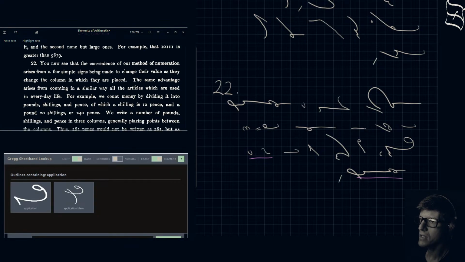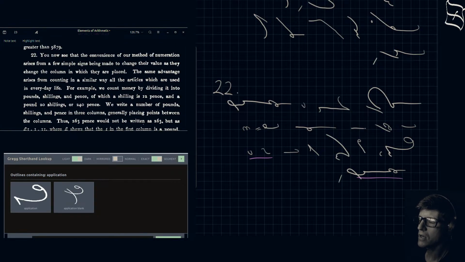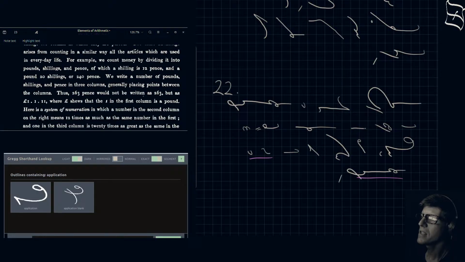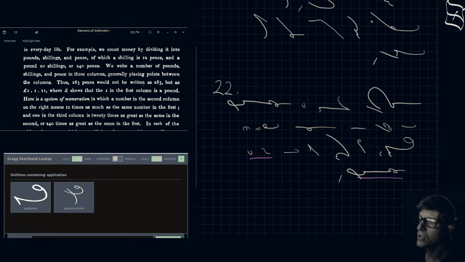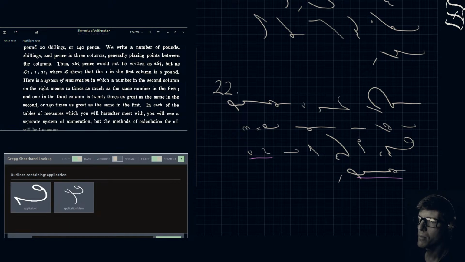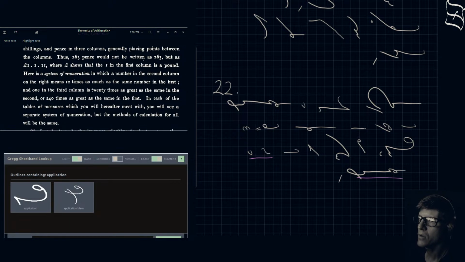Even though it's a fairly long paragraph giving the example about money, which below I might talk about, the British system. But notice one of the last sentences.